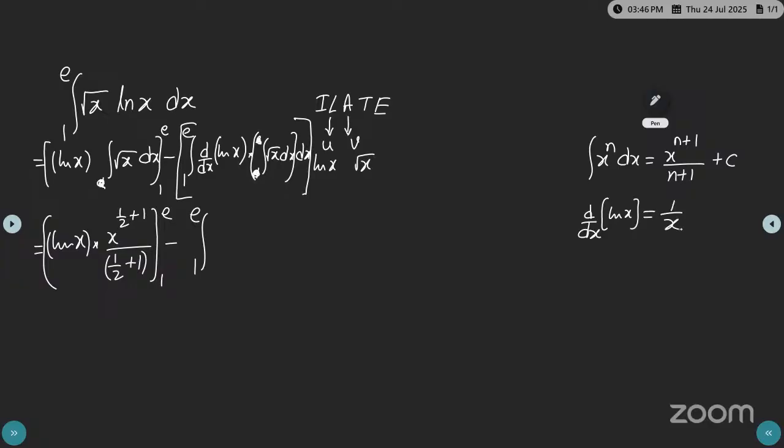Log x to the base e or ln x, both are same. 1 by x, and root x is x power 1 by 2 plus 1 by 1 by 2 plus 1, again dx.